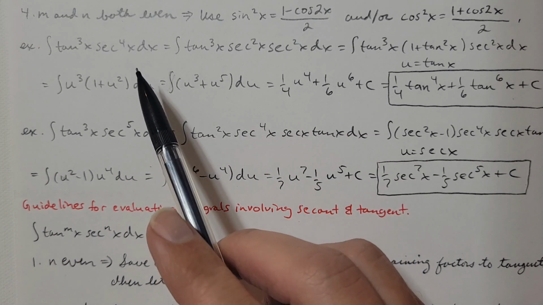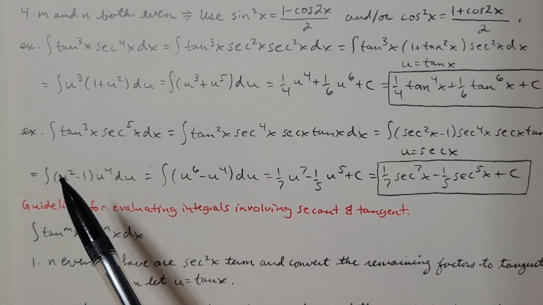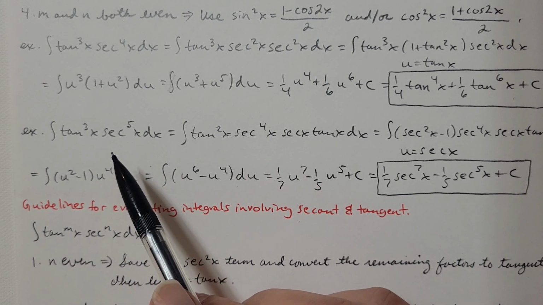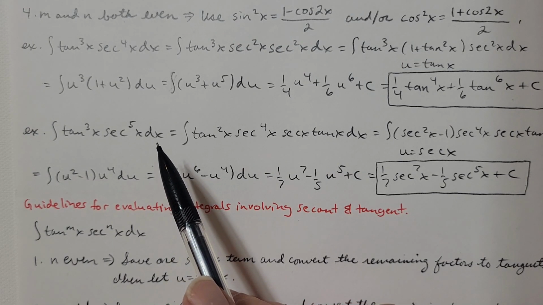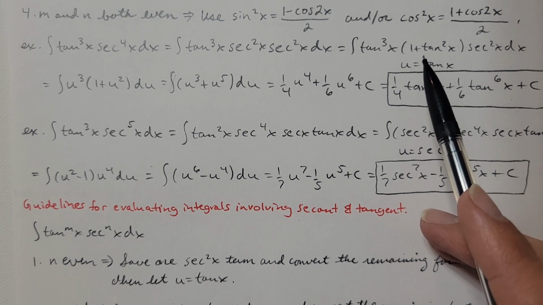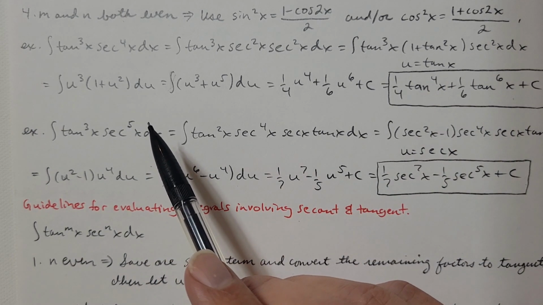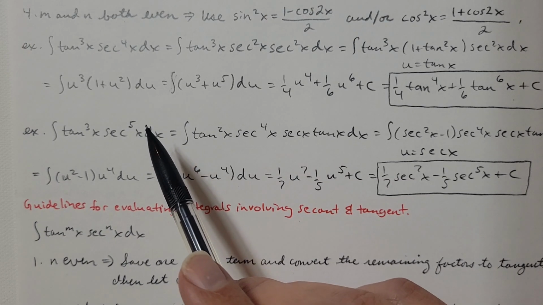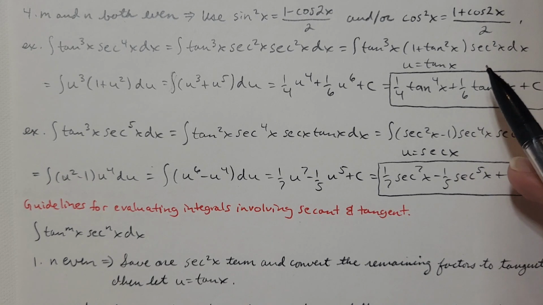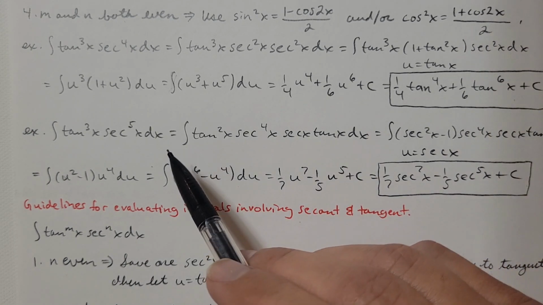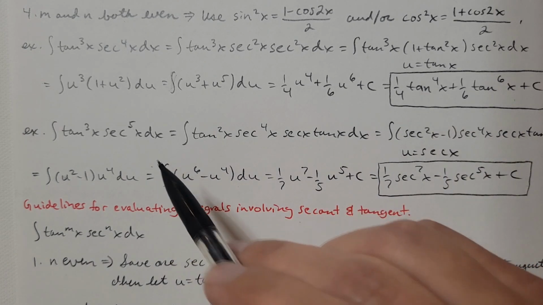Because if I break away a secant squared x term, then that's going to leave me with tangent cubed x times secant cubed x times secant squared x. A secant squared x, that's the same as 1 plus tangent squared x. And because that's an odd power now, I'm still going to have an extra secant x term, so I'd have a secant cubed x. And so a u substitution would not work there if I were to try to let u be tangent x.